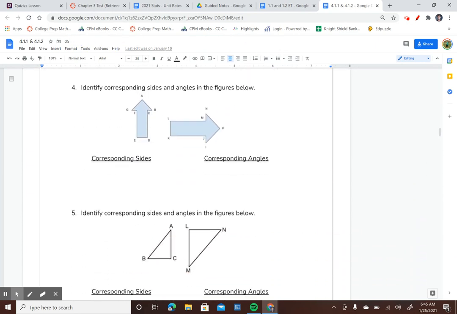And then you get to some tricky ones like problem 4. But remember, even though the shape is flipped, so now it's facing to the right, you can still take a look at, okay, A is on the top of the arrow. So if I look at the top of the arrow over here, it'd be H. And B is at the right side, the right corner of this arrow.